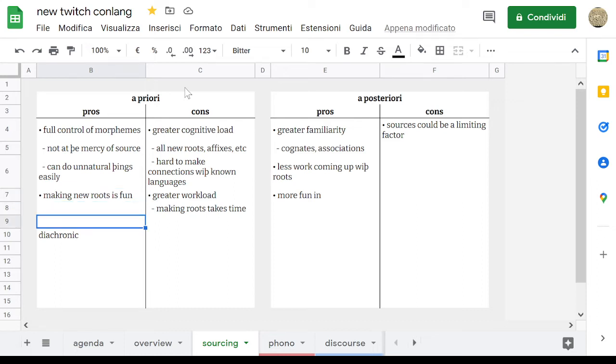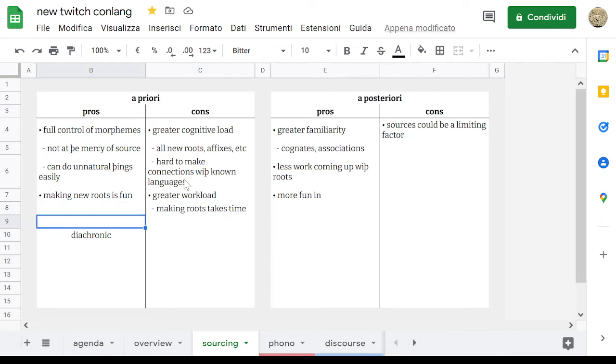But the majority of linguists and conlangers I know who make a priori conlangs like the diachronic methods because it gives them more aesthetic and more natural sounding languages. When that's the goal, to make a language that sounds nice and realistic, the diachronic approach is, I think, a good approach.